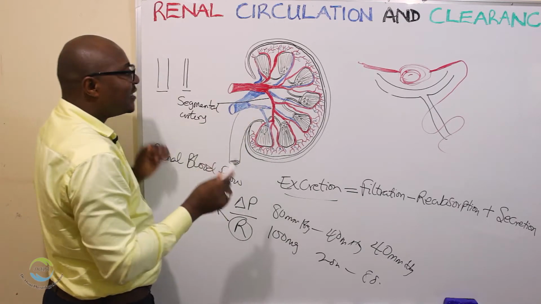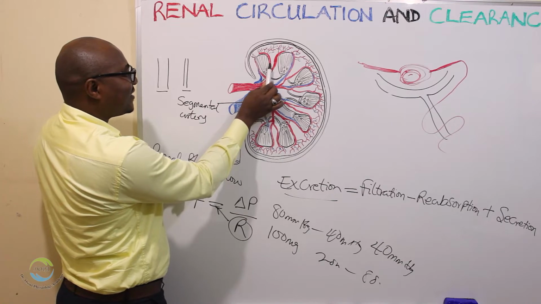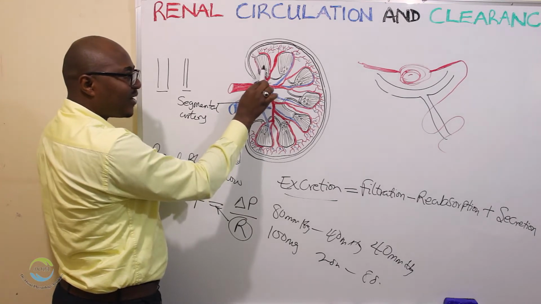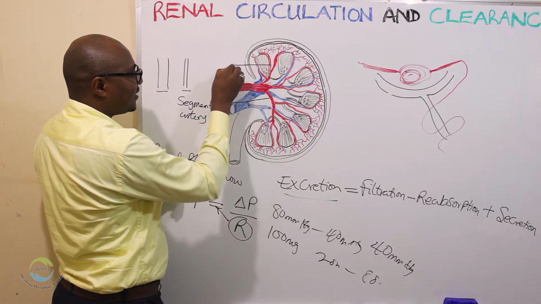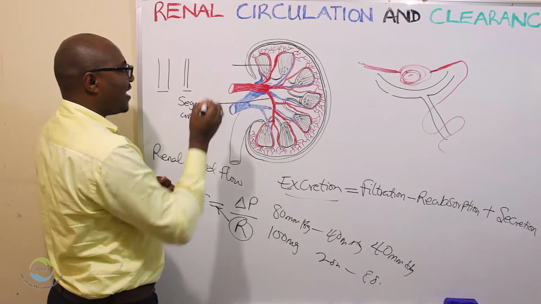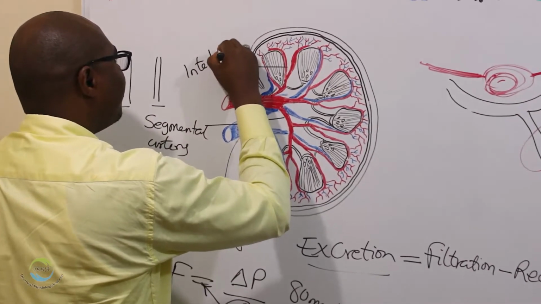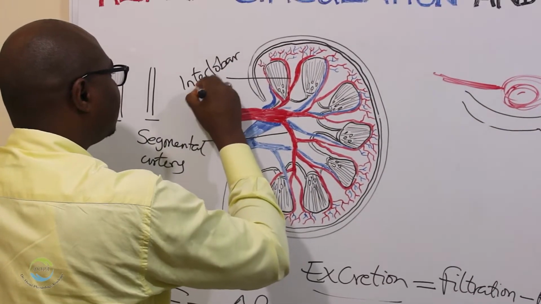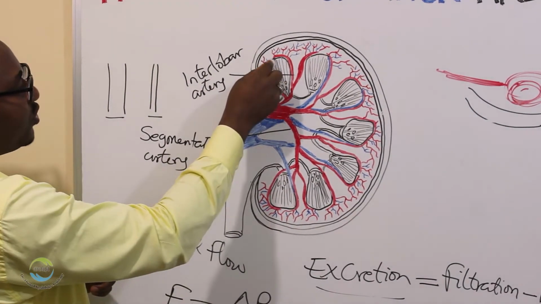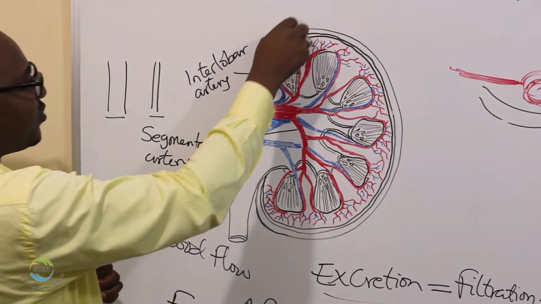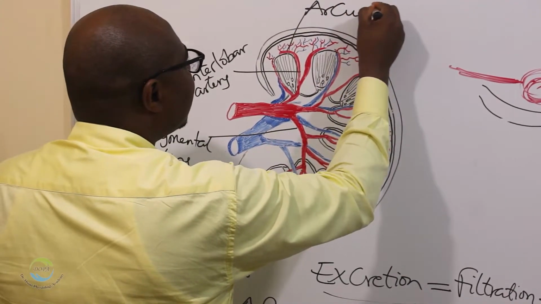Then when it curves and branches and enters by the side of this renal pyramid, remember this is the renal pyramid, this here is referred to as the interlobar artery. Then when it curves up to this point, it becomes the arcuate artery.